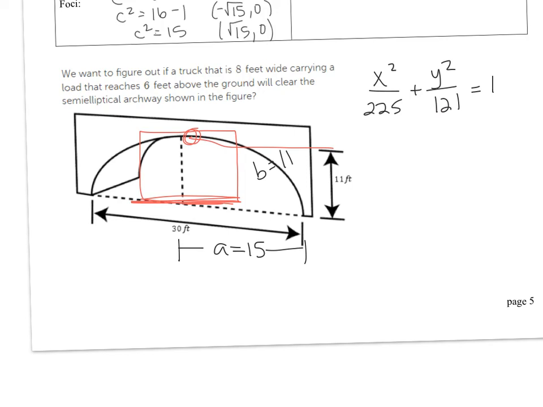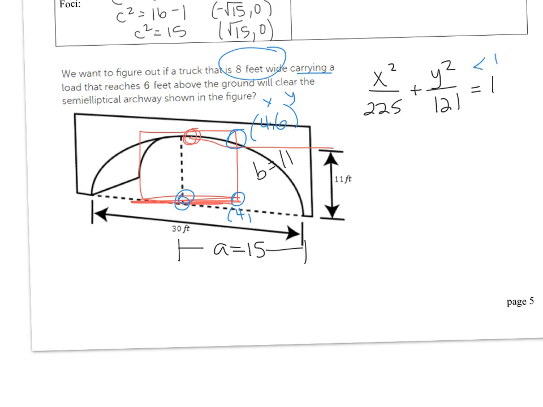So I'm going to think about if this was the origin, it's 6 feet, it's 8 feet wide. So think of this ordered pair as (4, 6). If I plug in 4 for x and 6 for y, I want this to be less than 1.